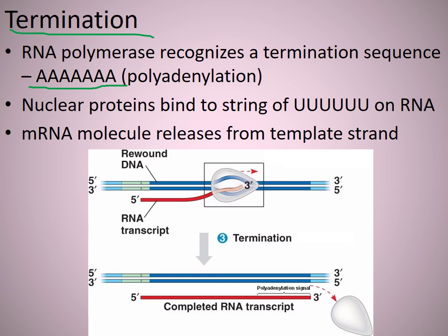Once the mRNA molecule releases from the template strand, RNA polymerase will then release itself from the actual DNA molecule itself. And again, the DNA molecule will go back to its normal double helical shape because of the hydrogen bonds that occur. Okay, H bonds. All right, and it's very important here because H bonds are just interactions between molecules.